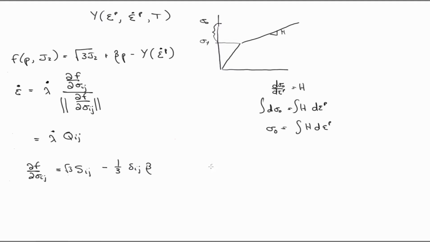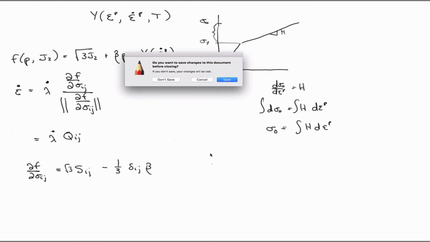We have the square root of 3J2 is equal to beta times the pressure minus k, plus, minus, plus, right?